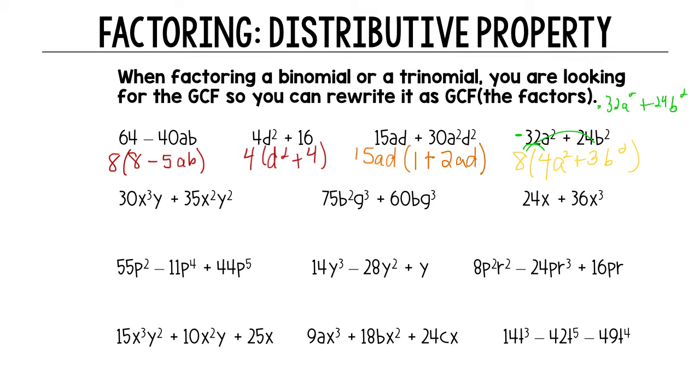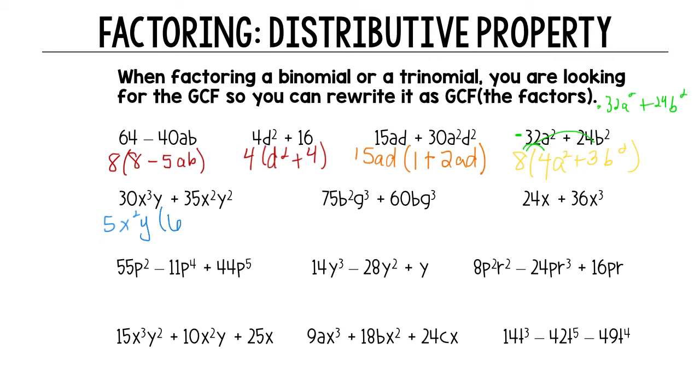Let's try it again. 30x cubed y plus 35x squared y squared. I can pull out a 5 as my biggest factor. I have 3 x's and 2 x's, so I can take x squared out. My lowest exponent is what I can remove. 1 y here, 2 y's here, so I can take y out. 30 divided by 5 is 6.